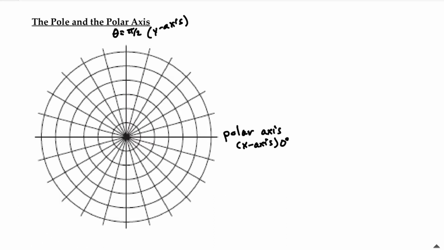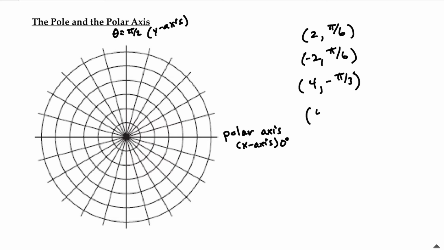So we'll kind of get rid of that for a moment. If we're measuring points, let's pick a few. Let's say (2, pi over 6). We could do (-2, pi over 6). We could do (4, negative pi over 3). We could do (4, 7 pi over 6).